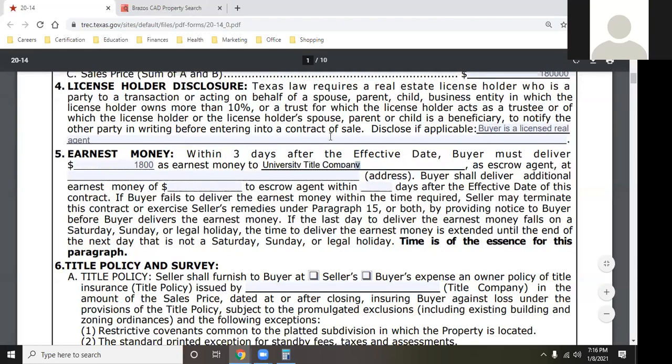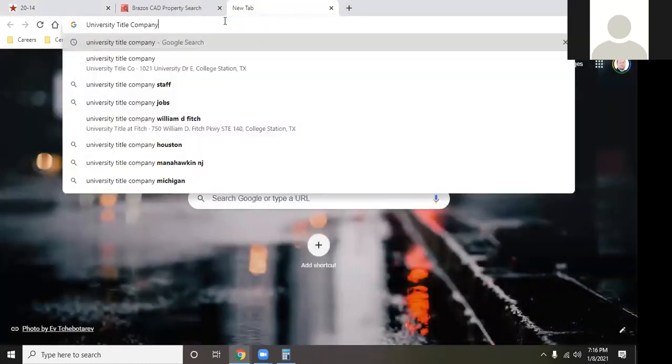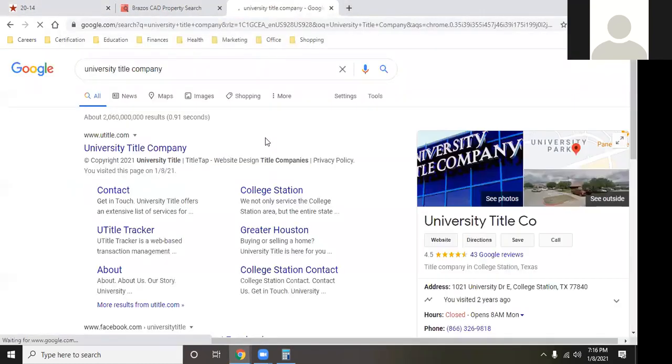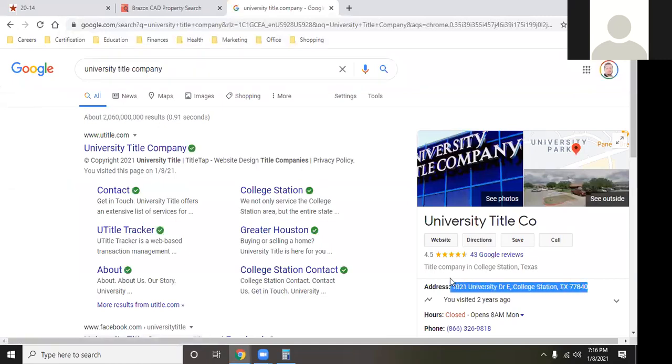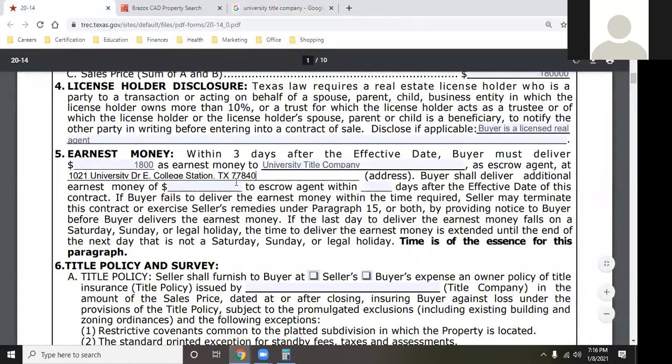So you come over here, put it in here, and find their address. You copy it, you put that address right there. In this situation, we're not going to give any additional funds, so we're doing just a flat $1,800.